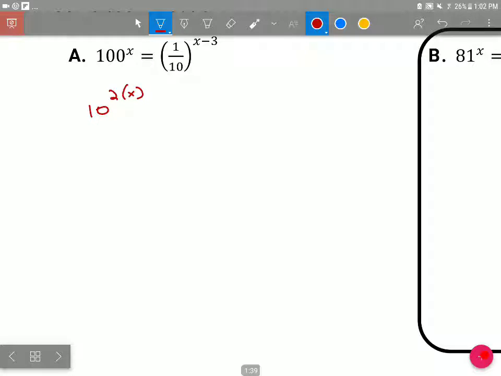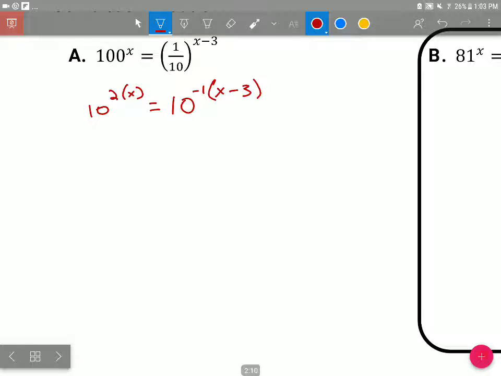Now, the 1 over 10, I want to bring that 10 up into the numerator. What in an exponent says I'm on the wrong side? A negative. So to bring that 10 up into the numerator, I have to make its exponent negative, because 1/10 is the same as 10 to the negative 1. And then I'm just going to multiply that by the old exponent.